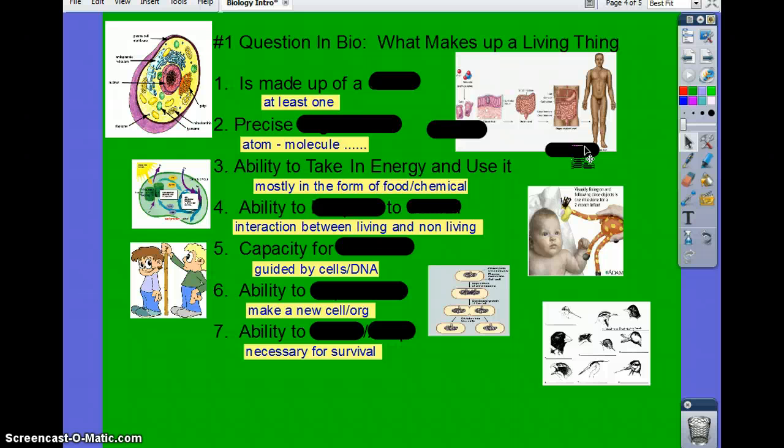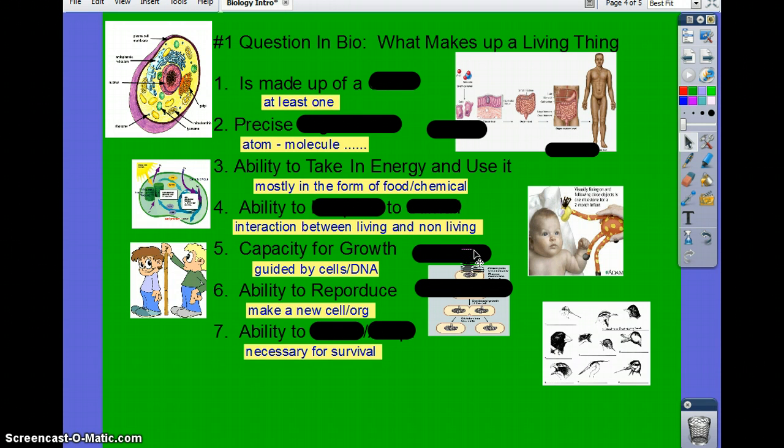They grow. All living things must grow. Growth. All living things grow. But how do plants, if they don't move, get light?